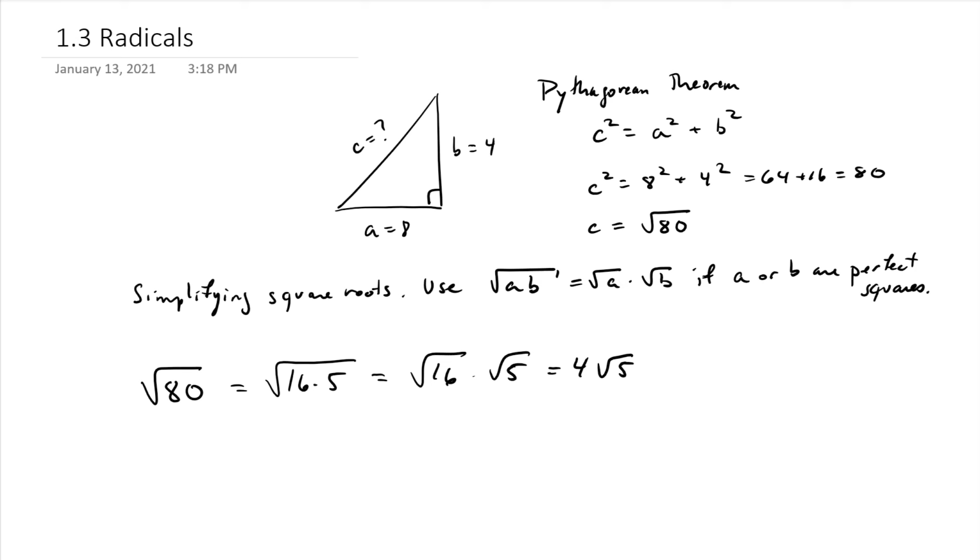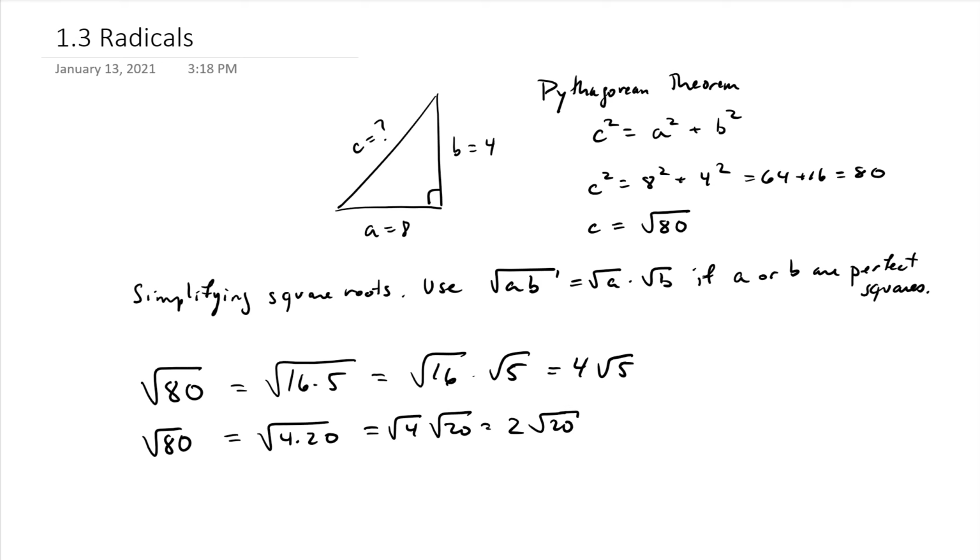Now maybe you'll say, well, I didn't know that 16 was going to fit into 80. That's okay. You could also have said, well, I know that 4 fits into 80, and 4 is a perfect square. 80 is 4 times 20. So you can use the rule: this is root of 4 times root of 20, and root 4 is 2.